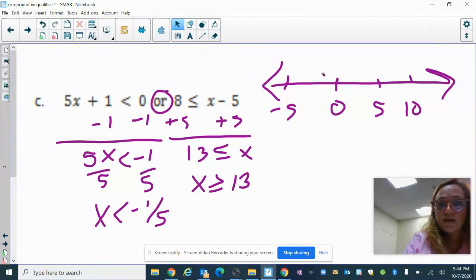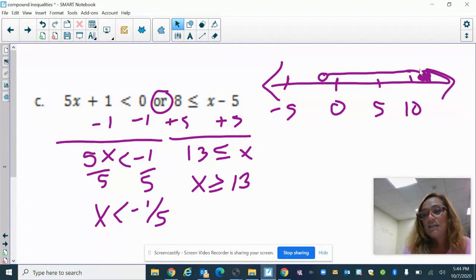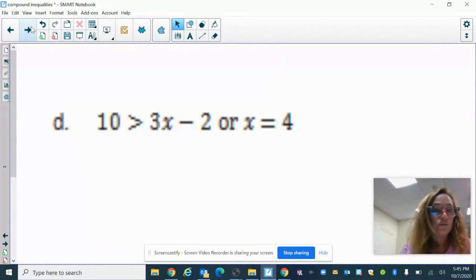So this is approximately here, and then approximately here, and that's colored in. And listen, it's not perfect. If it was a test, I would give you the fancy number line with the numbers on it, and you would be happy. Okay?